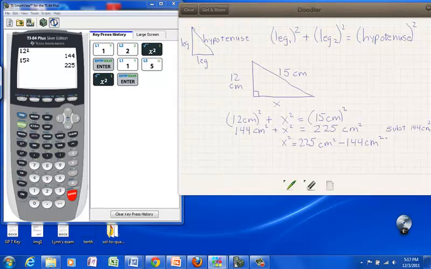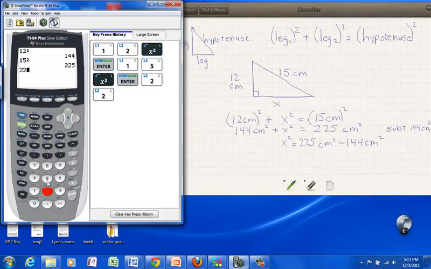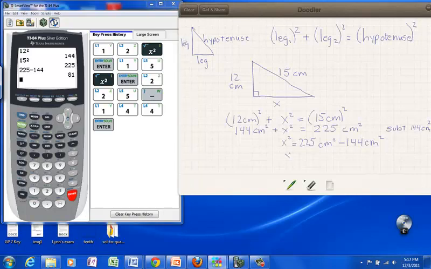You can see how what we were doing earlier with squares and solving equations is really important here. The difference is 81. x squared equals 81 centimeters squared.